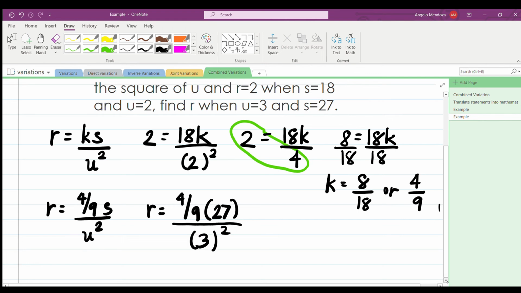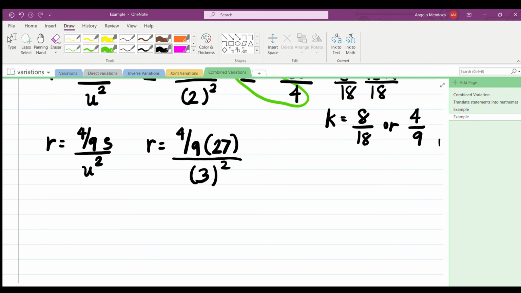So you just simplify this equation. We have R is equal to 4 over 9 multiplied by 27 over 3 squared, which will be 9.